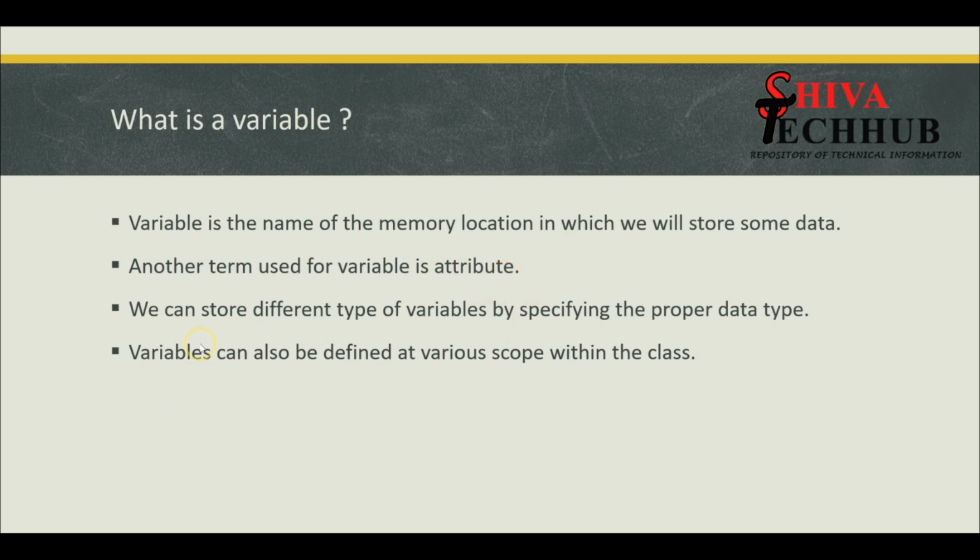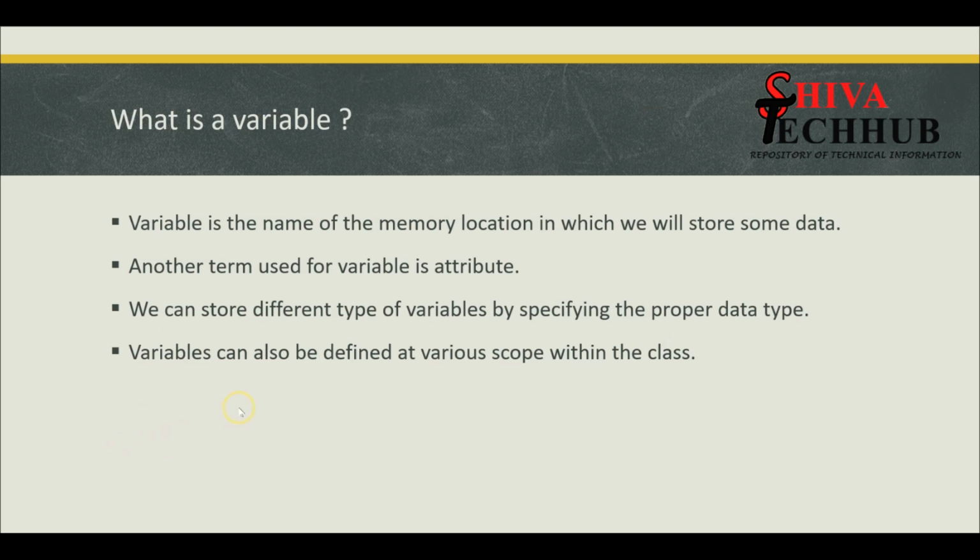Now, the third point: we can store different types of variables by specifying the proper data type. It's not like we just have one type of variable. We can store any type of variable by specifying its data type. For example, if you want to store a string value, you specify a variable name with a proper naming convention, then specify its data type as string, then assign a string to that variable.